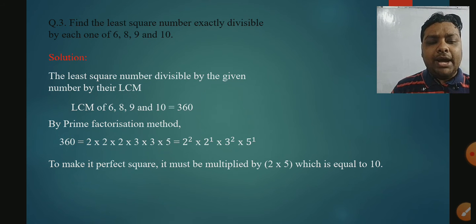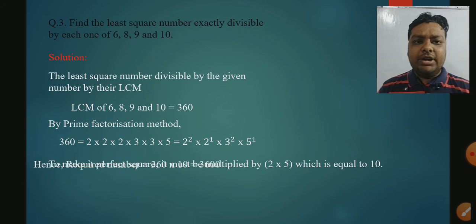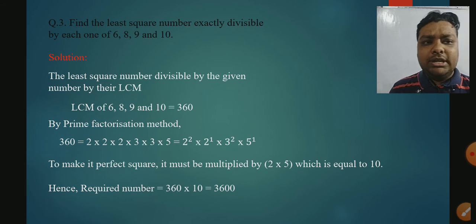If we multiply 360 with 10, then we will get a perfect square, and this is the least square number. So the required number will be 360 into 10, then we will get 3600. So 3600 is the least square number which can be exactly divisible by these 4 numbers.